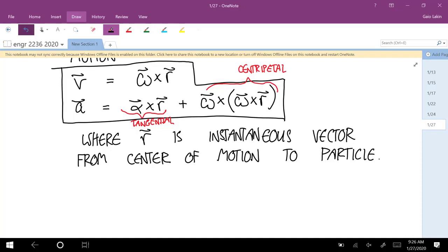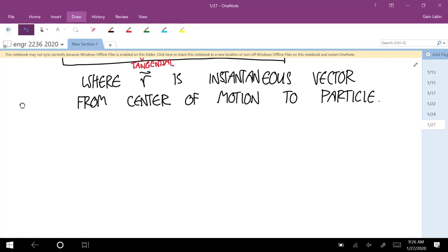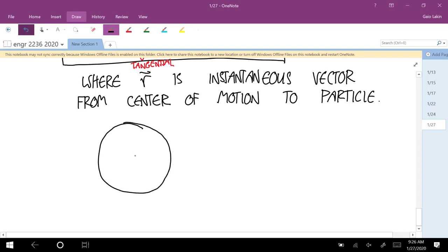Yeah, you add them. So the way it worked in physics 1 was, if you had a particle moving along a circular path, and here's the center, and let's say the instant that you're thinking about the object is here, and let's say the velocity is this way.